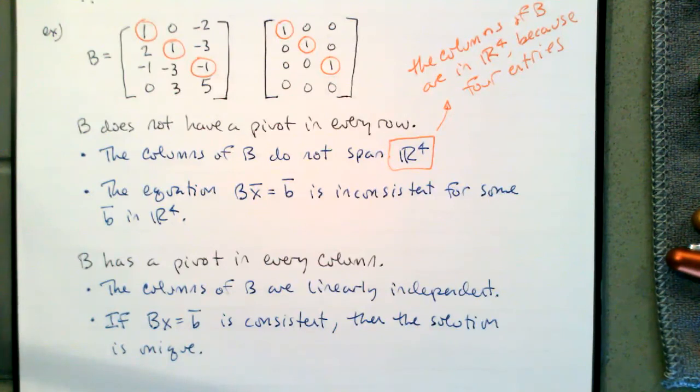So the connections that we're making: rows go with span, which goes with existence of solutions. Columns go with independence, which goes with uniqueness of solutions.